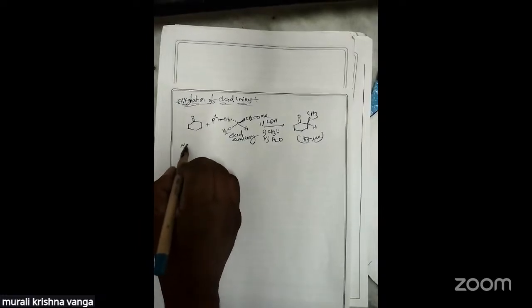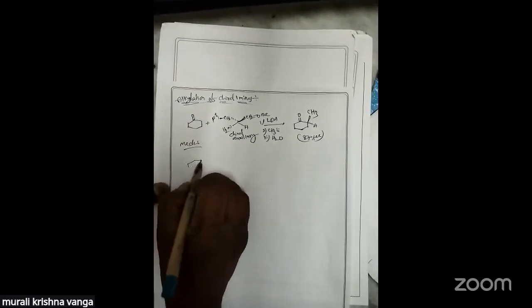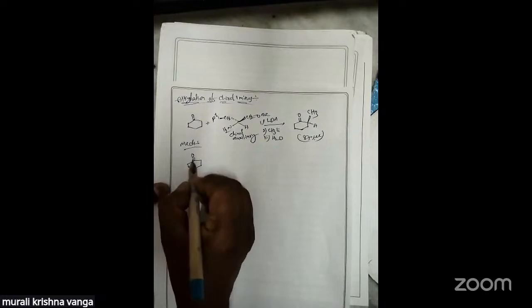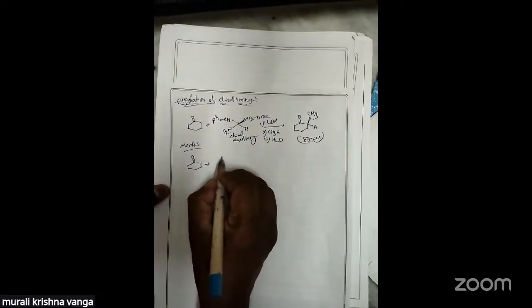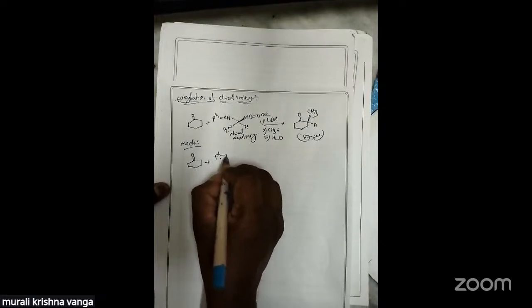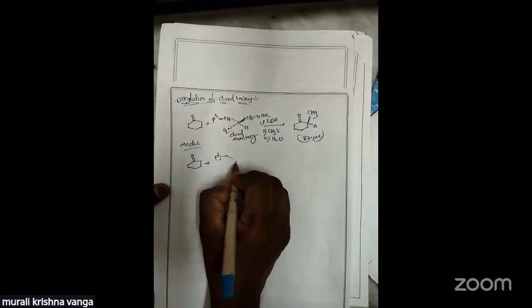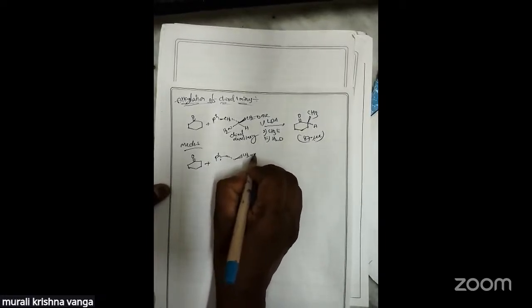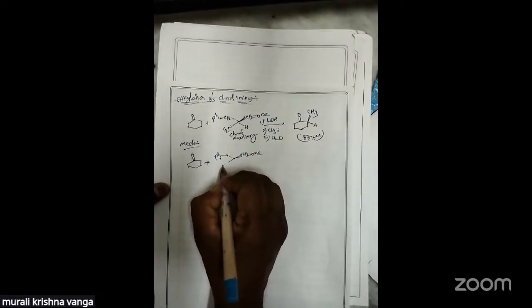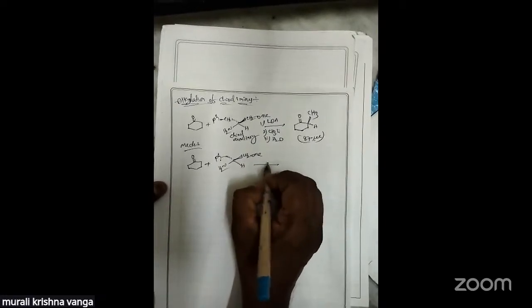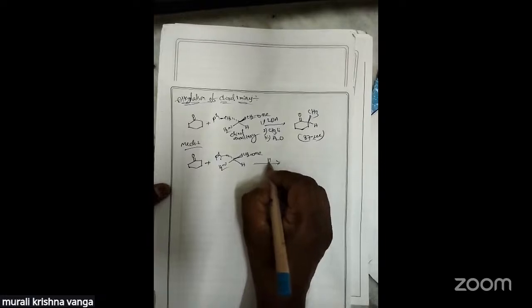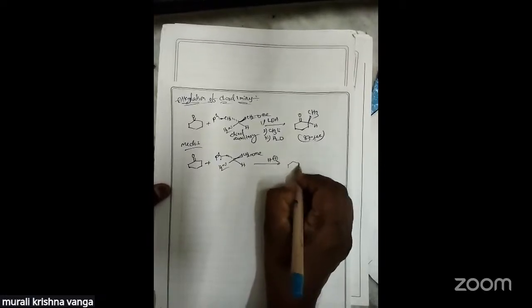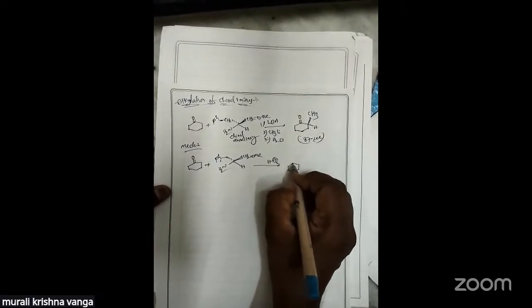Mechanism for this reaction: when cyclohexanone reacts with this chiral auxiliary under the influence of acid medium, then gives the hydrazone.